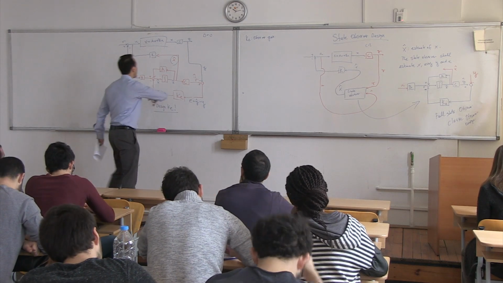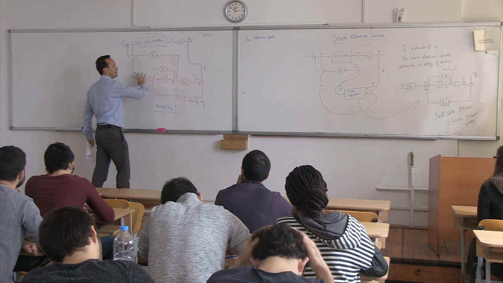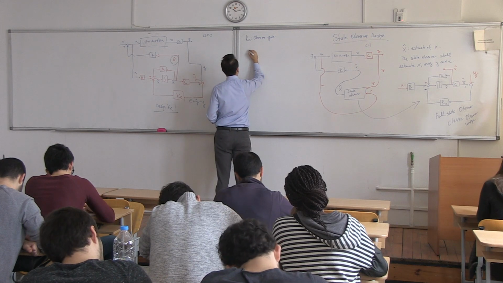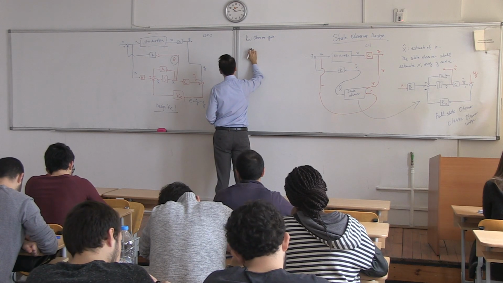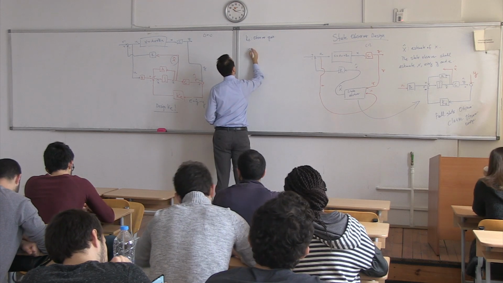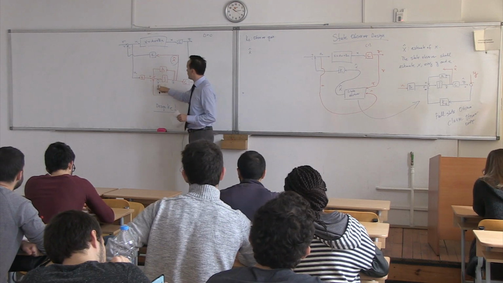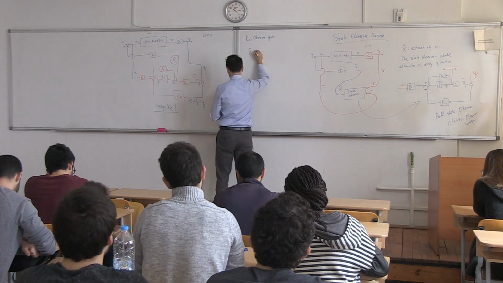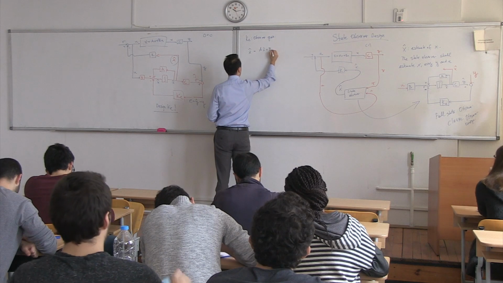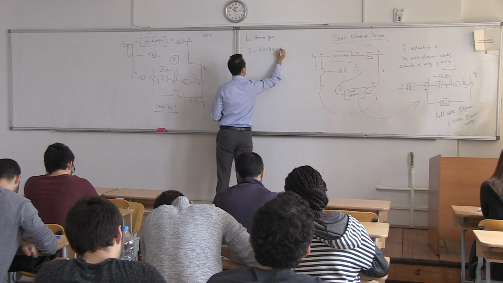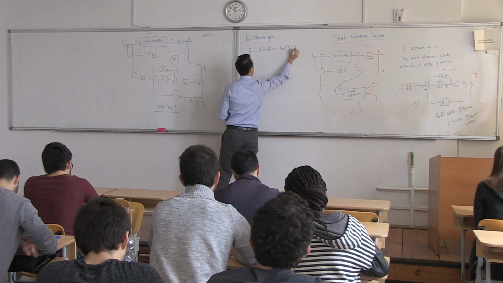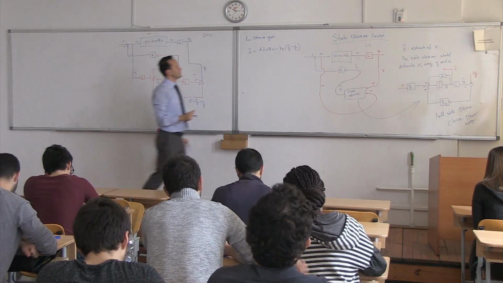So, let's write the equations for the observer part, okay? So, x hat dot, or x dot hat, so it's an estimate of x dot, is equal to ax plus bu minus ke times y hat minus y.